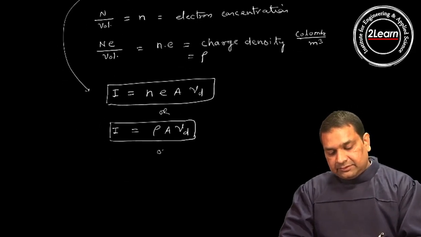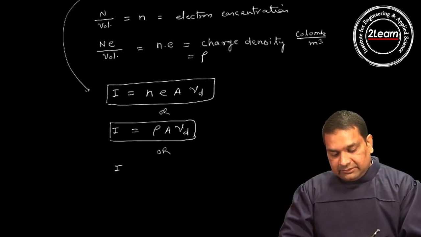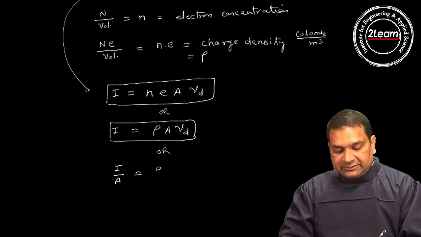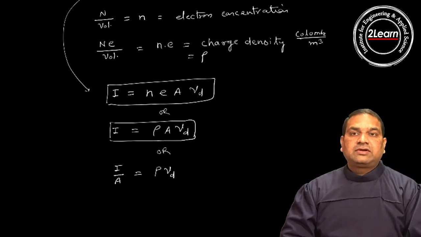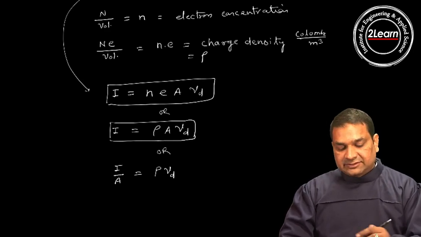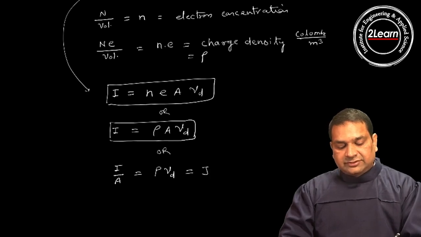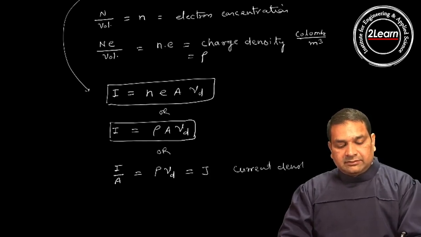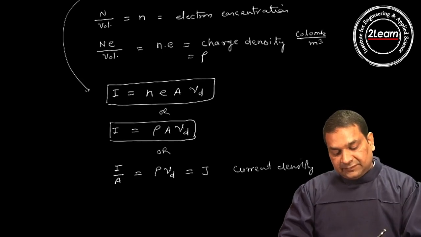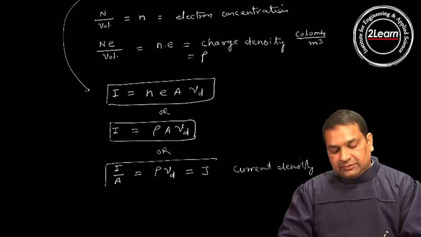Or divide this current by area: rho times Vd, the drift velocity, is equal to J, that is called current density. So J is rho Vd.